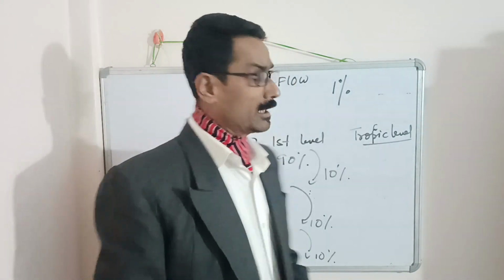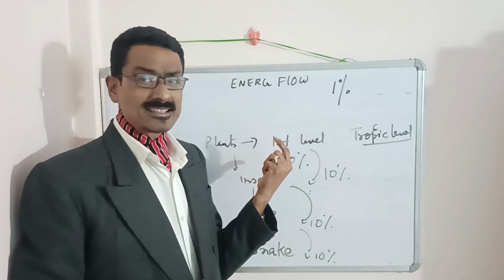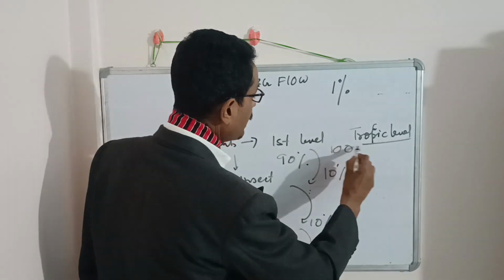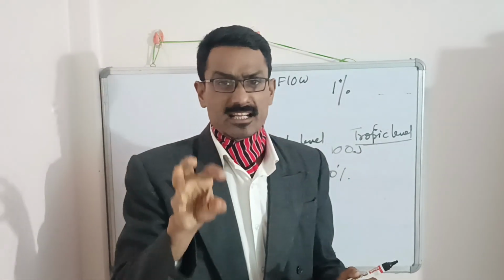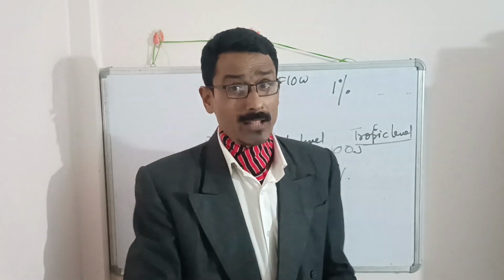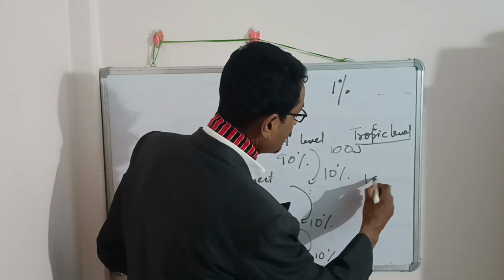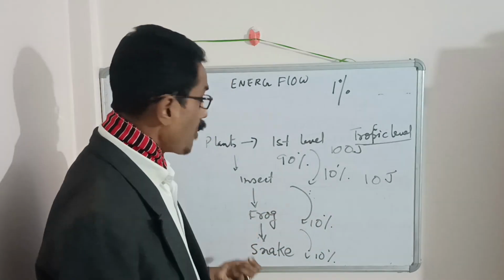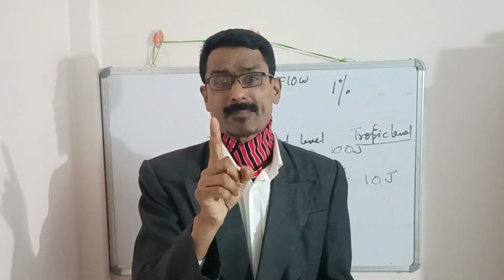Now let me give one example. Suppose the photosynthesis in the plants produces 100 joule, that means the production of carbohydrate. I am telling you 10% is going to the next trophic level. So here the insect is going to get how many? 10%? 10 joule. When the frog eats the insect, it will get only 10%.